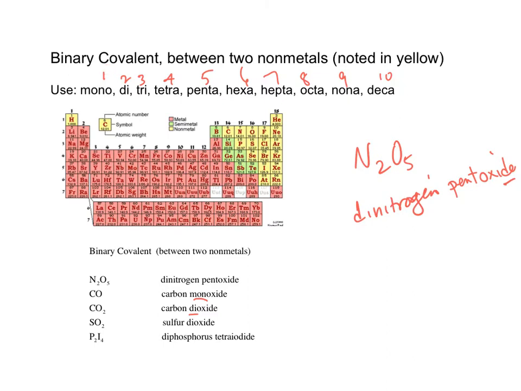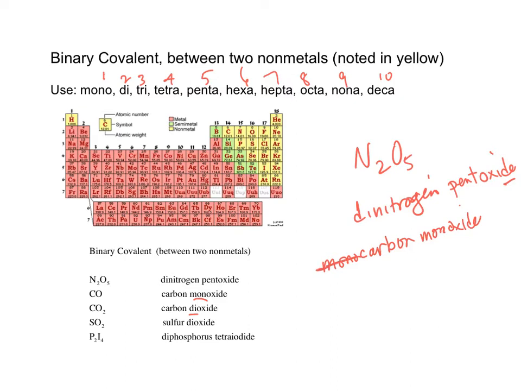So technically, since you have one carbon and one oxygen, technically you could say monocarbon monoxide, right? But the convention is, if it's mono on the first element, you leave it out. So it's carbon monoxide. The mono here is assumed.